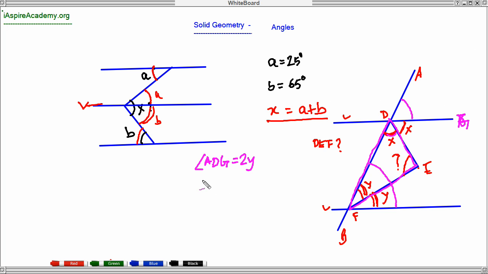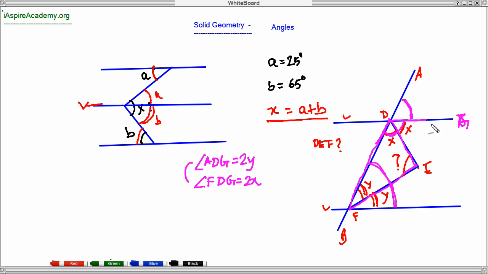And we know FDG equals 2X. Look carefully, FDG, this angle, is equal to 2X, and this angle is the same as this angle, which is 2Y. Now if we add ADG plus FDG, that becomes 180 degrees.